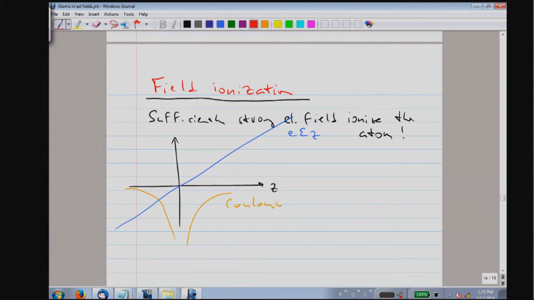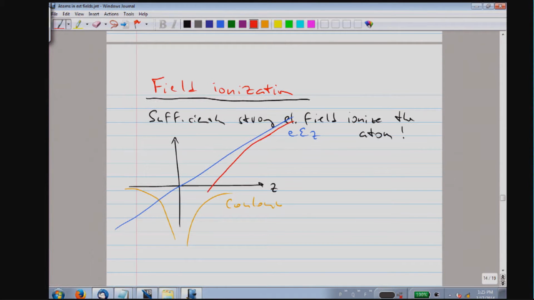And if I take the sum of the two, well, at large distances it's the electric field which dominates, then the Coulomb potential takes over. So that's how it looks.